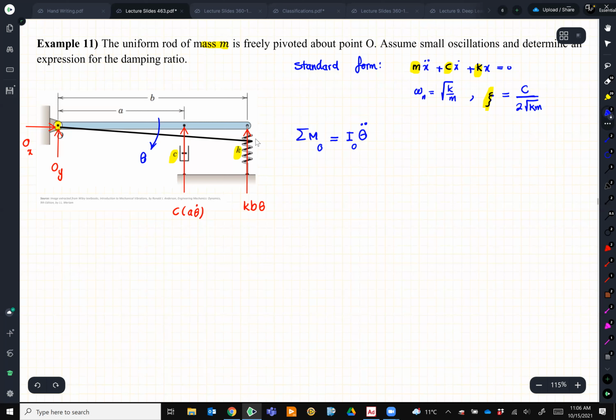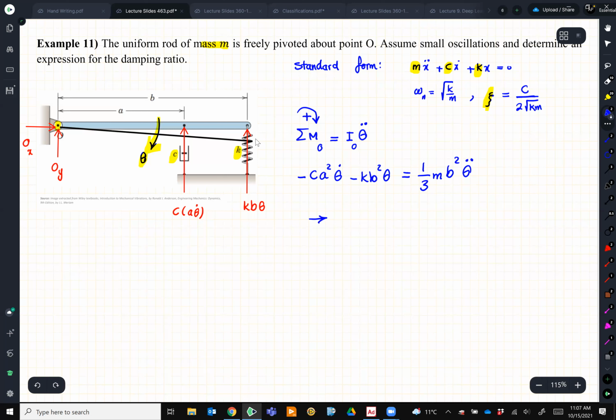Based on the positive direction that we decided, which was our initial decision that clockwise should be positive, now I can write down c a squared theta dot, that is c a theta dot multiplied by the distance a, minus k b squared theta is equal to, for a slender bar with mass m, the mass moment of inertia, which is 1 over 3 m b squared, where the length is b, times theta double dot.